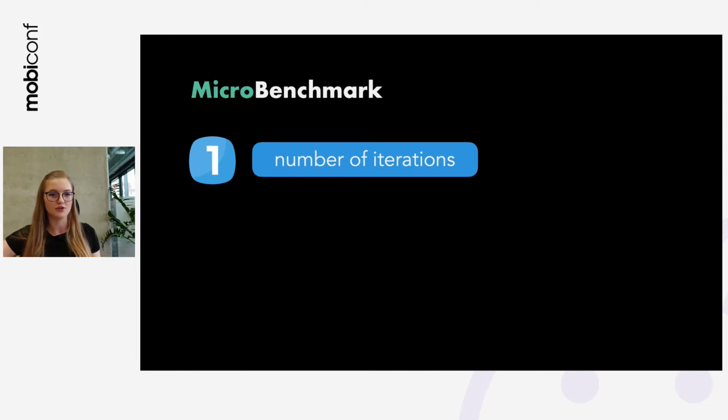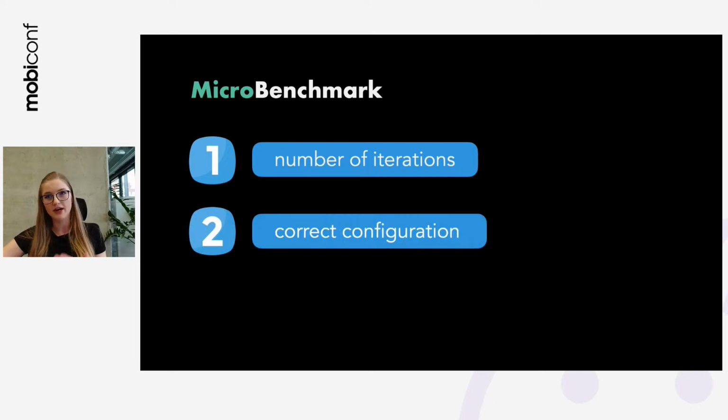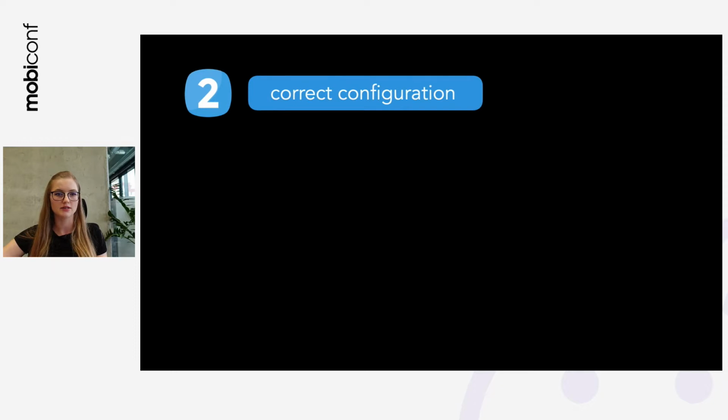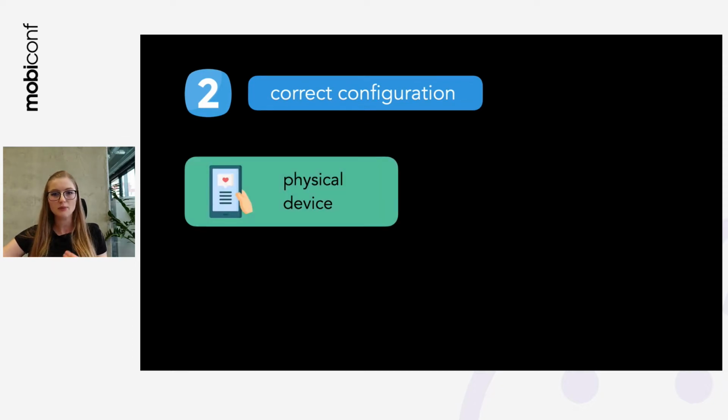And the second feature is that this library also checks if the environment that we use to run this test is correctly configured. And more specifically, it checks that we run this test on a physical device, because results that we achieve by measuring performance on the emulator may not be a good representation of what our users see.